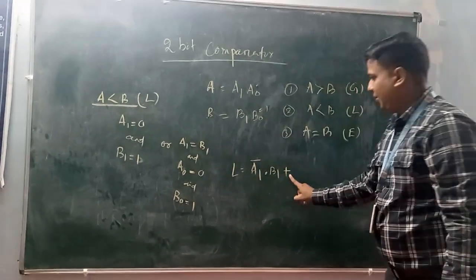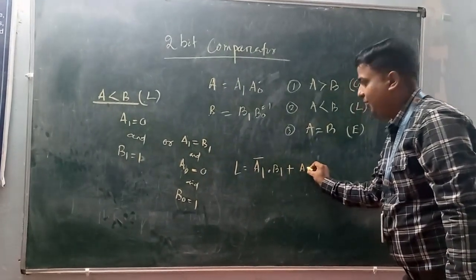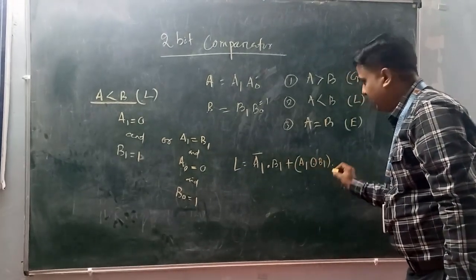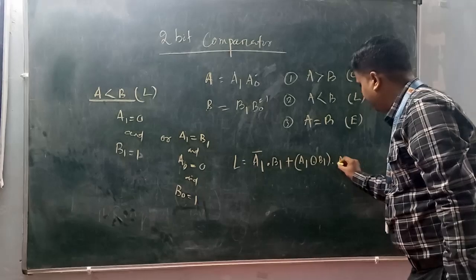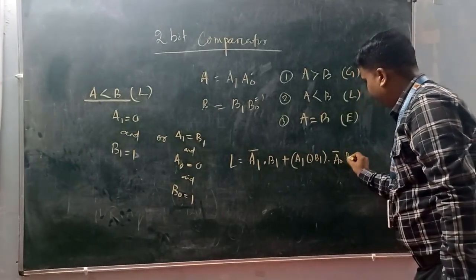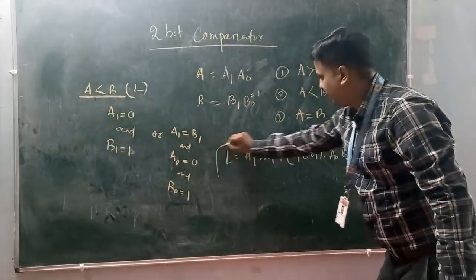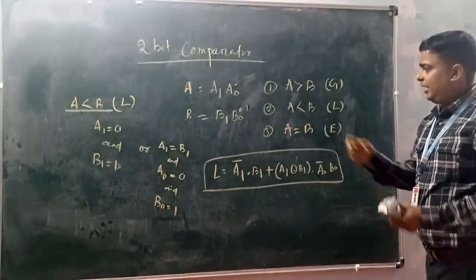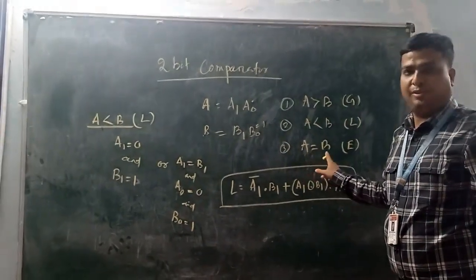Similarly, OR, plus, A1 equals B1, that means A1 XNOR B1, then A0 is 0, that means A0 bar into B0. So this is the expression for A less than B. Okay. So now the third condition is A equals B.